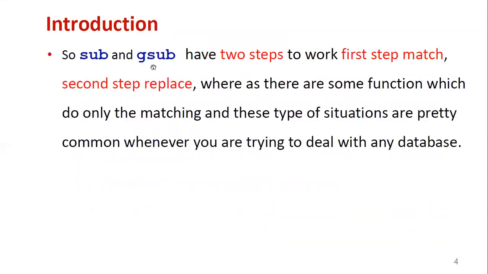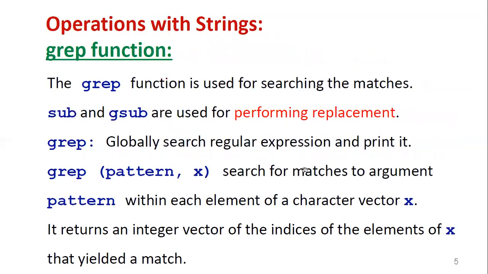So sub and gsub have two steps to work. First step, match. Second step, replace. Whereas there are some functions which do only the matching, and these types of situations are pretty common whenever you are trying to deal with any database. One such function we will use here is the grep function, which can be used for searching the matches only, not replacement.